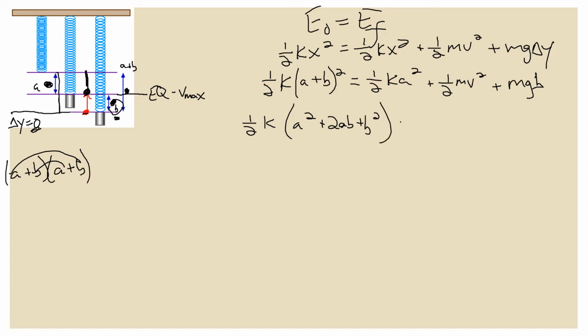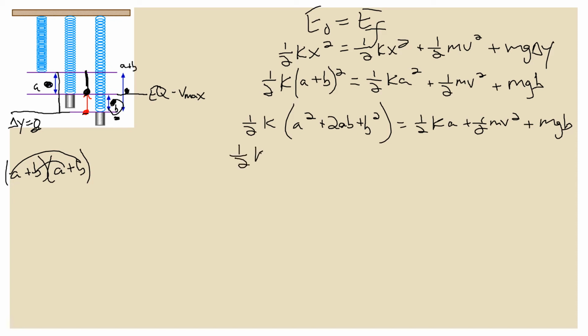Then I have, on this side, 1/2 ka squared plus 1/2 mv squared plus mgb. I'm not doing anything to this side yet, because first I have to distribute the 1/2 k.